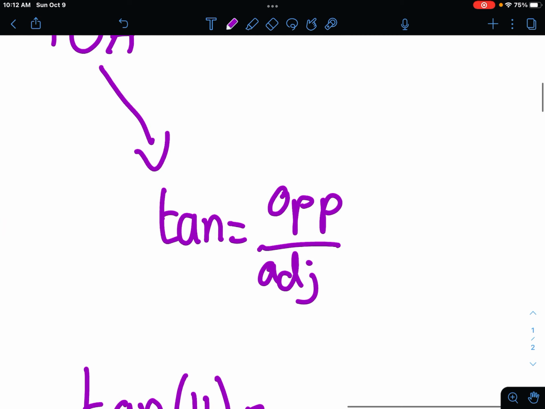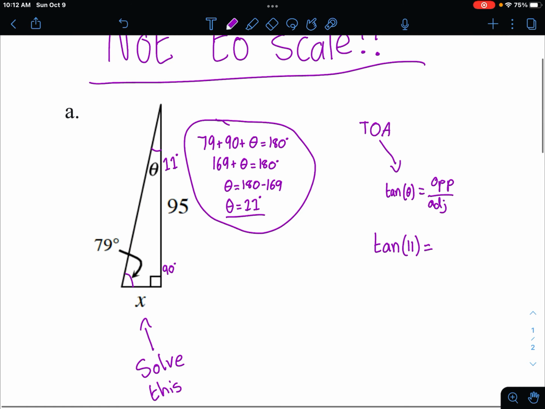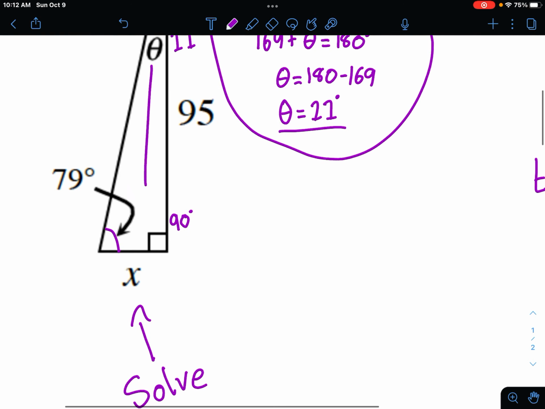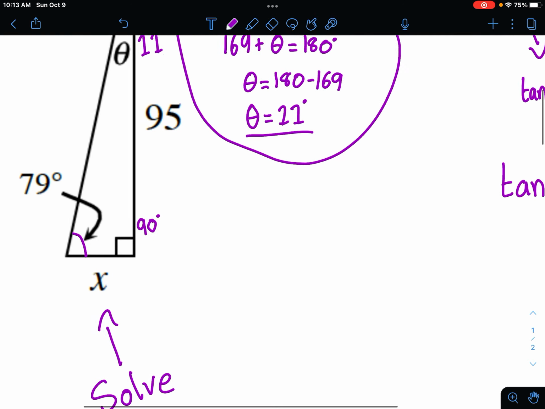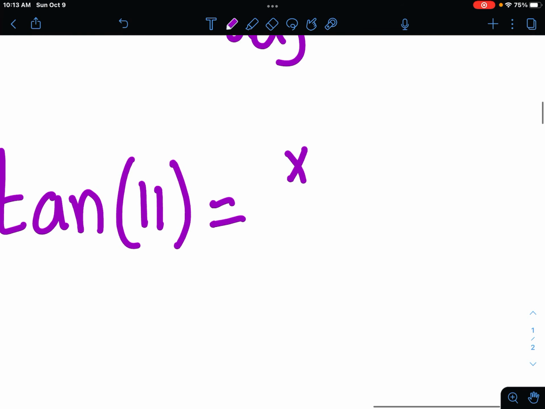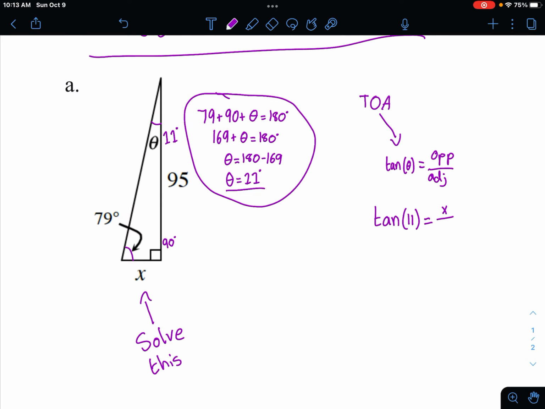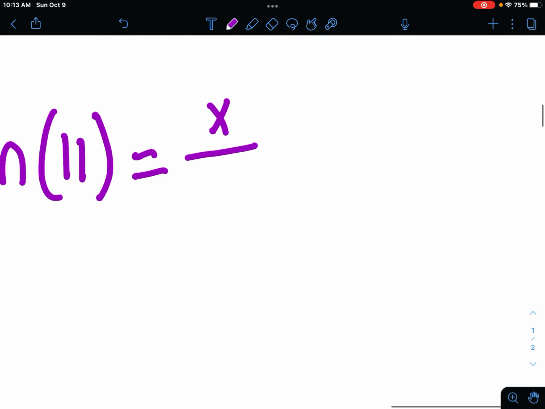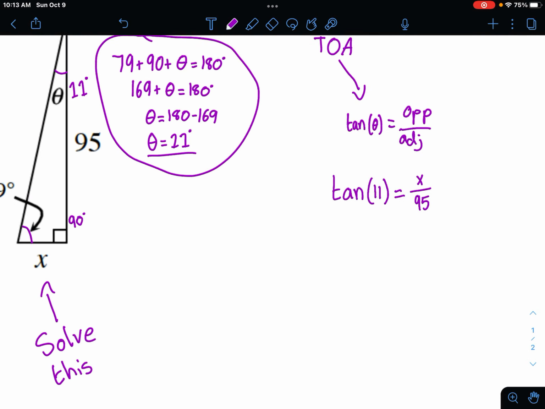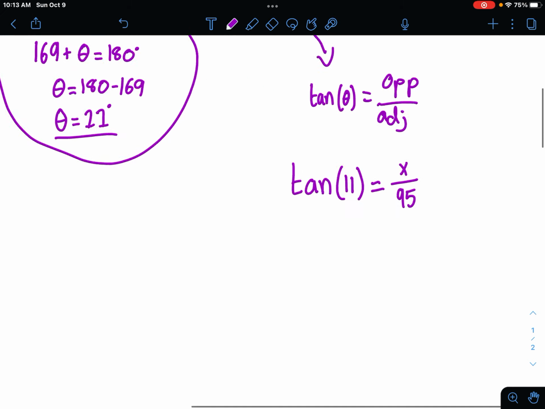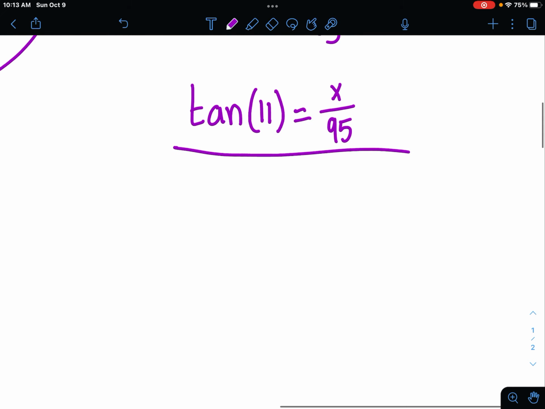To make this a little easier to understand, let me put tan theta equal to that. So tan 11 is equal to opposite, and opposite right now is x. So we will have x over adjacent, which is 95. These are side lengths, not angles, so make sure of that. And now we have a good equation that we can solve.